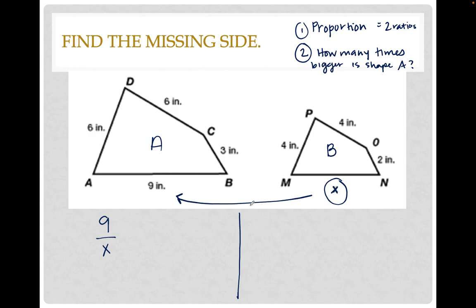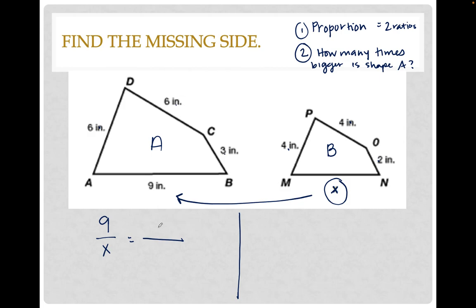Now, if you look at the rest of the shape, we have 1, 2, 3 other sides that we could possibly use for the second half of our proportion. But if we already know that the shapes are similar to one another, then all of the sides are proportional, so it doesn't matter what other pair you use here. We can use this 6 and 4, or we can use 3 and 2.